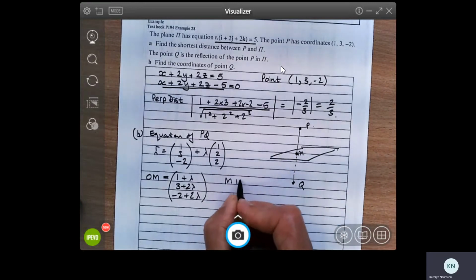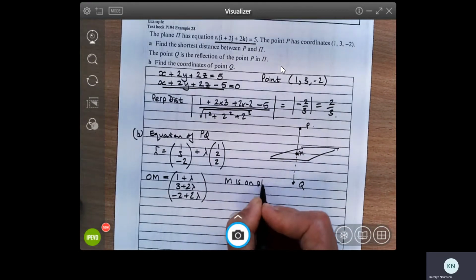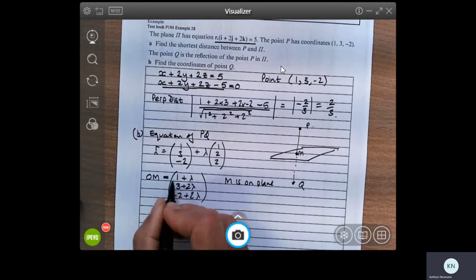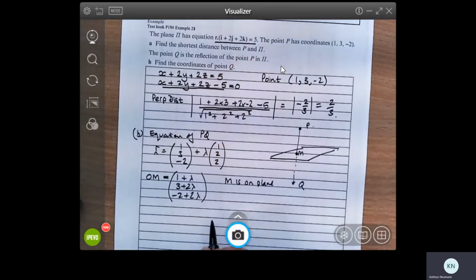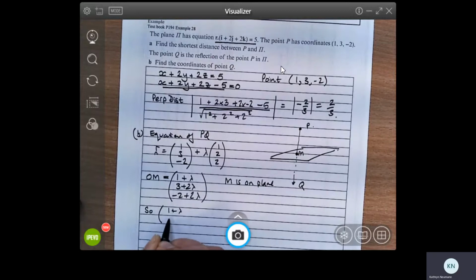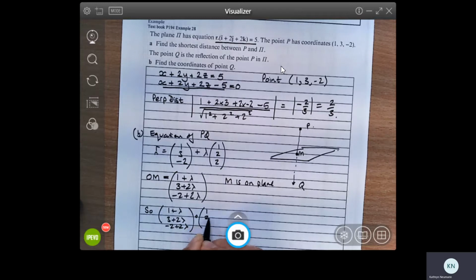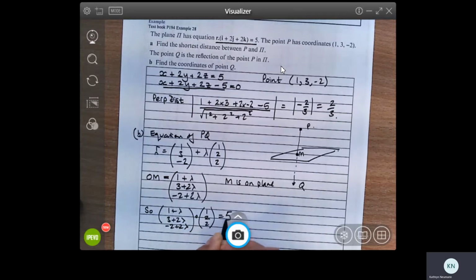So if I put this point into my vector equation of the plane, it should be equal to 5. So I've got (1 plus lambda, 3 plus 2 lambda, minus 2 plus 2 lambda) dot (1, 2, 2) equals 5.